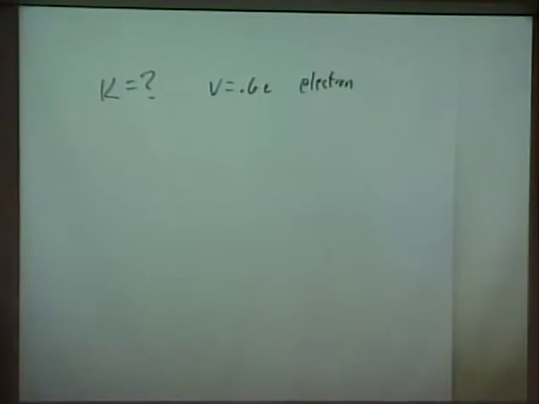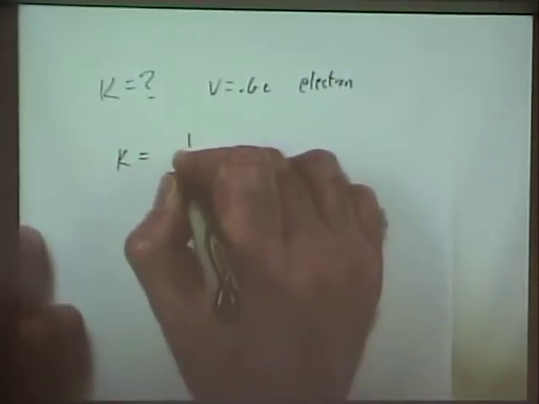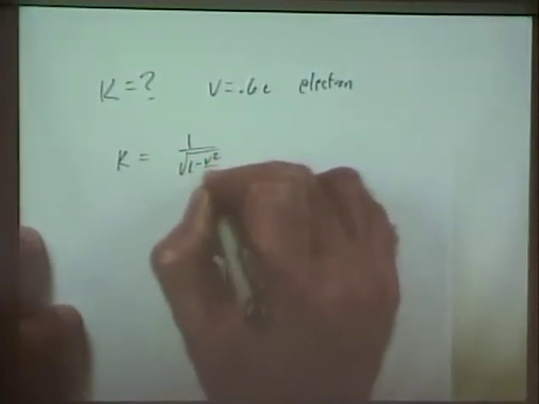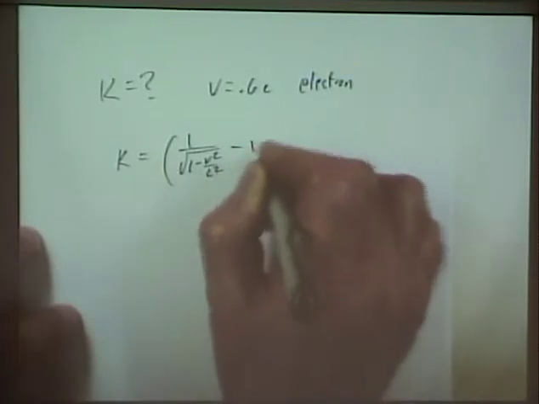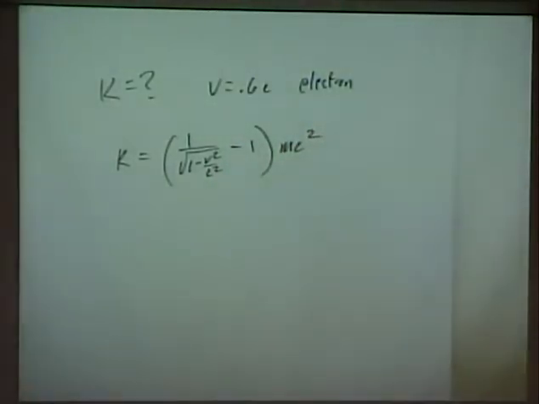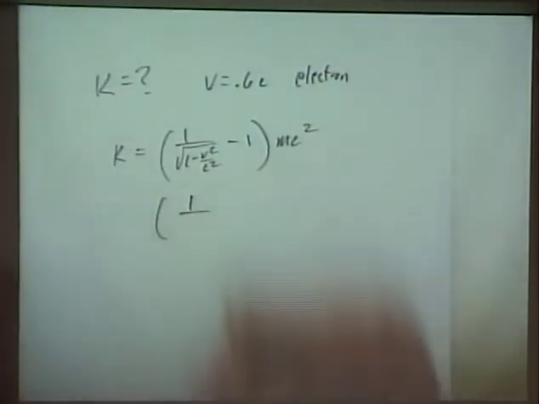All right, so the kinetic energy, K, is equal to 1 over the square root of 1 minus v squared over c squared, minus 1, times mc squared. Well, we just plug 0.6 in here for v.